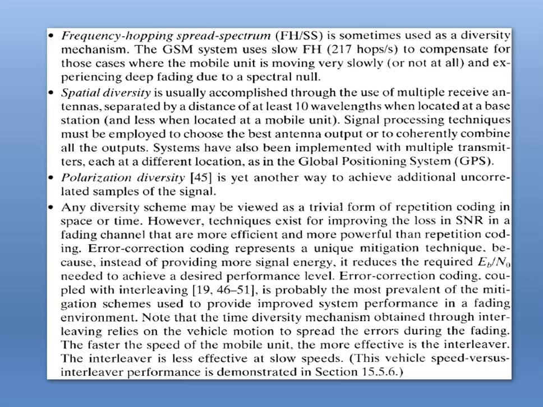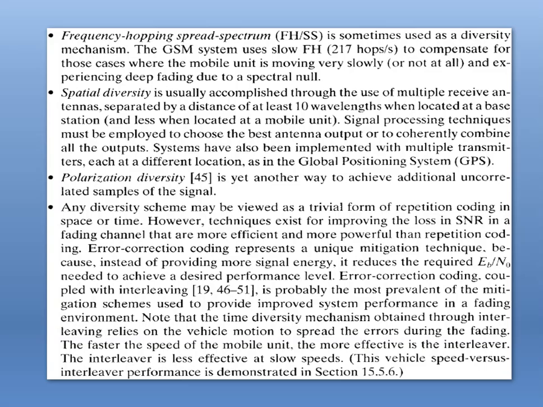Systems have also been implemented with multiple transmitters, each at a different location, as in the global positioning system. It can be called GPS. And the last one is polarization diversity, another way to achieve additional uncorrelated samples of the signal.